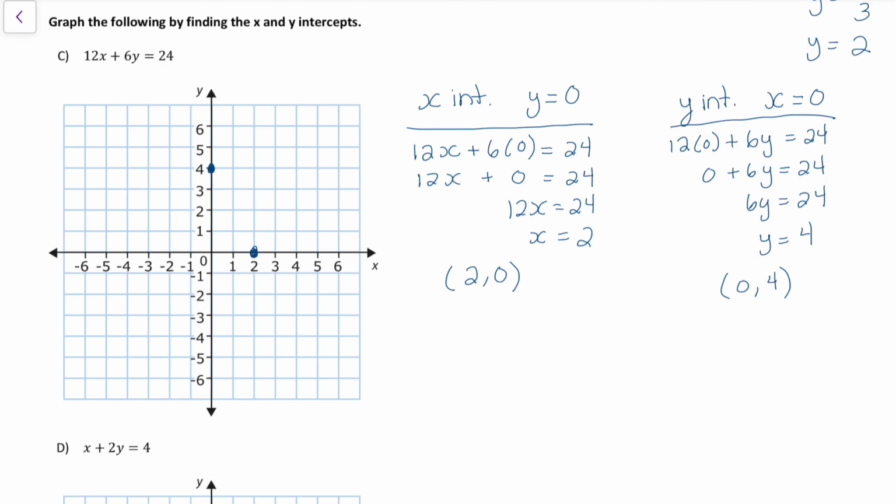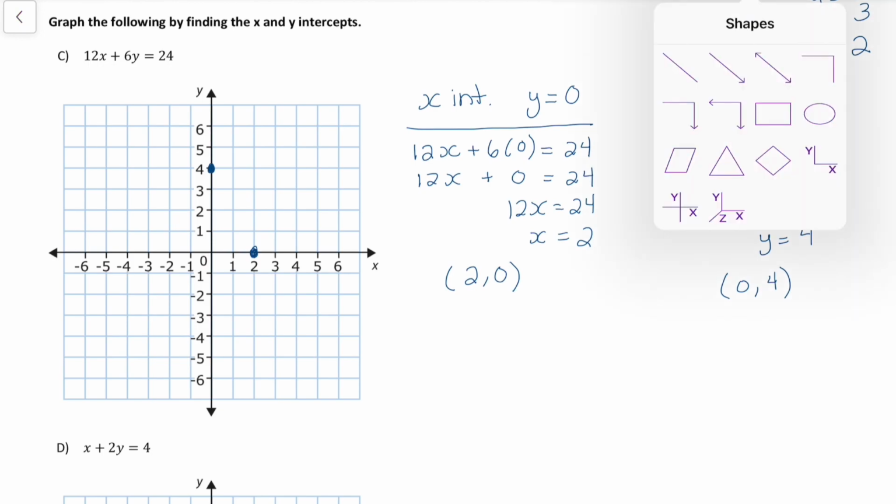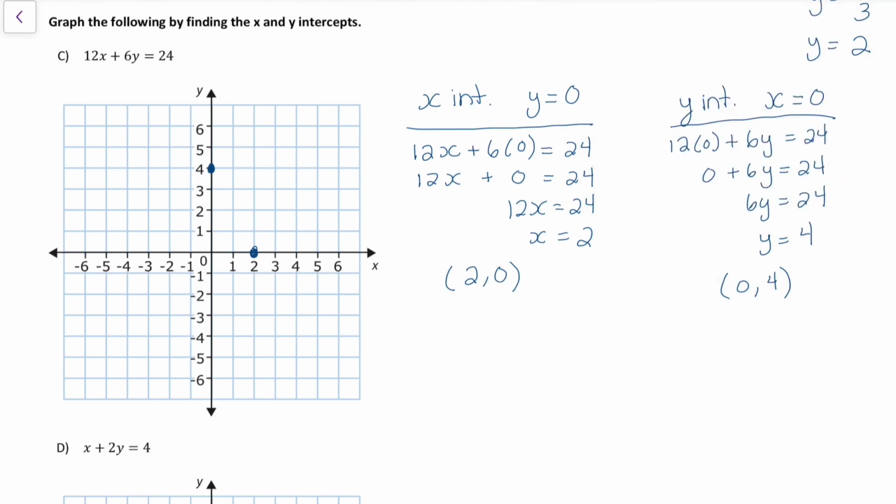I've graphed them, and now I can use a ruler to connect them with a nice straight line that goes all the way through my graph with arrows on each side, and then I'm going to label it so that I know what that line represents.